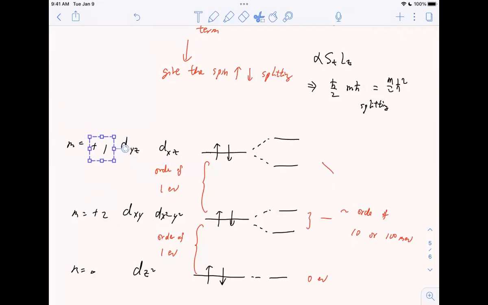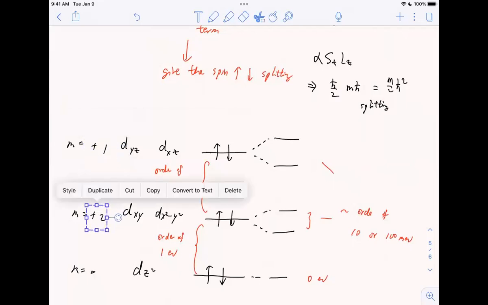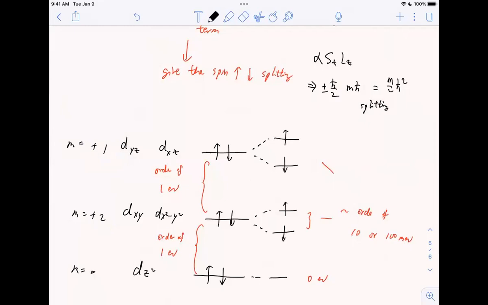Plus first, and then you have a spin up, spin down, and this gap will be m over 2 h bar times alpha.